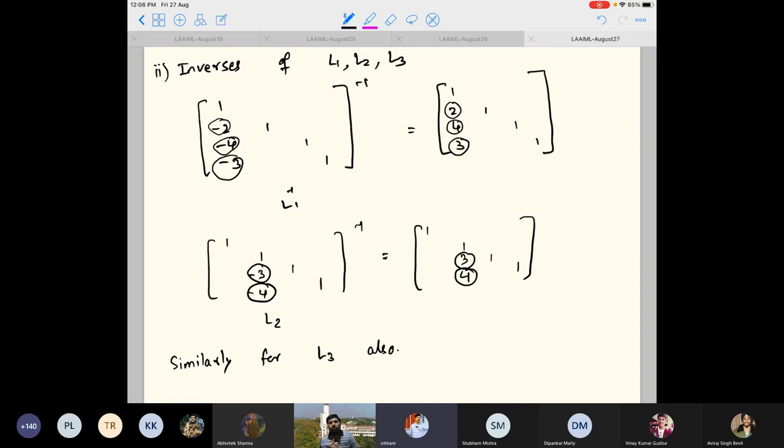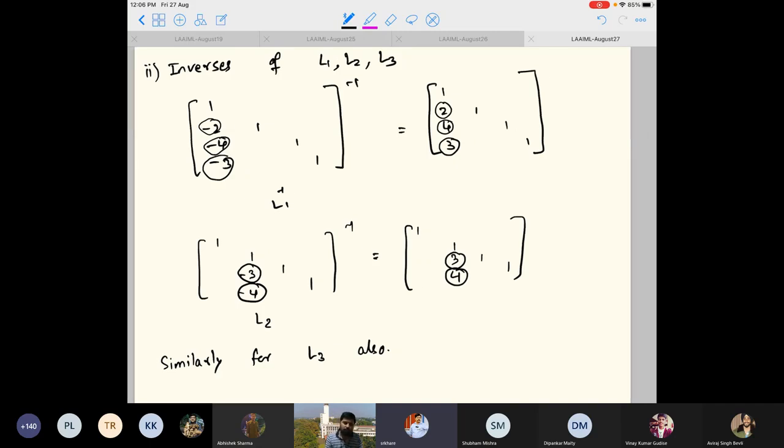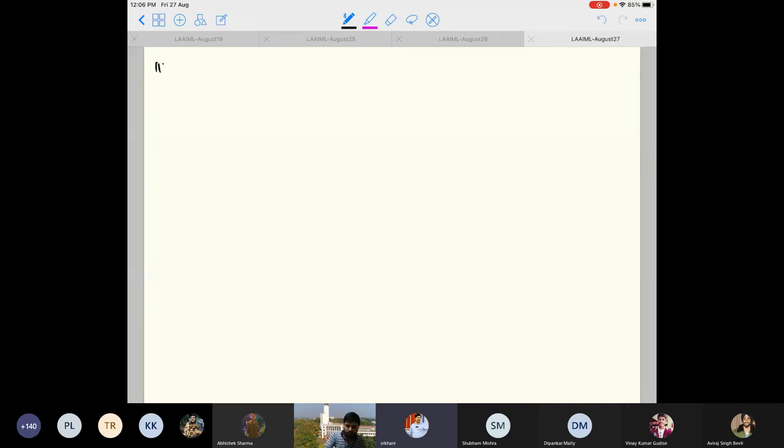Similarly, you can check in L3 also. So not only are you able to compute inverses, but those inverses are really very easy to compute. There is no additional computation required to compute the inverses of L1, L2. Wonderful.